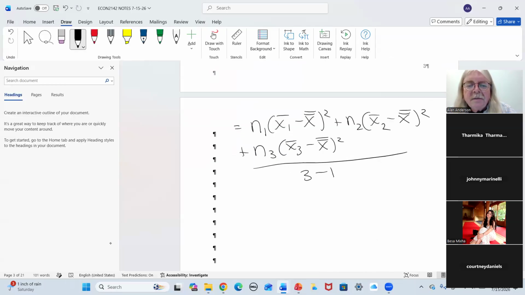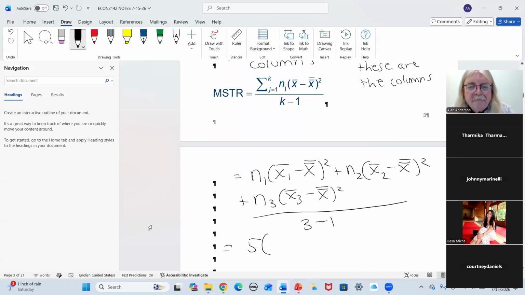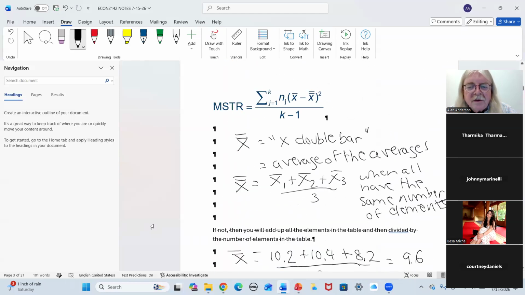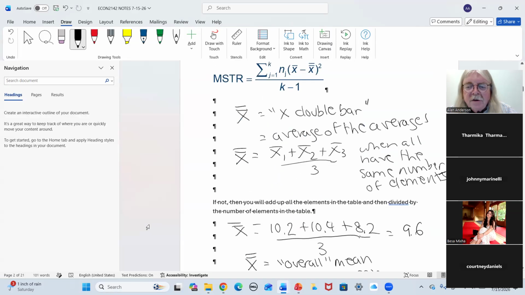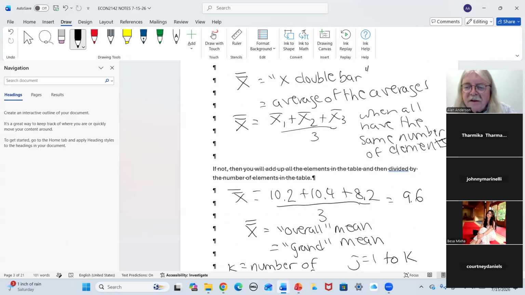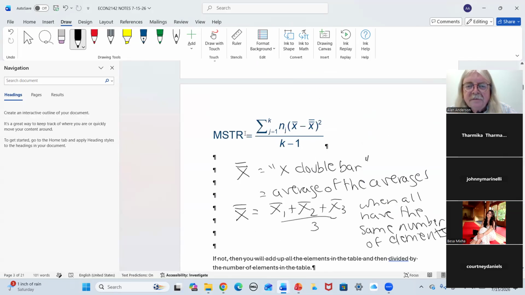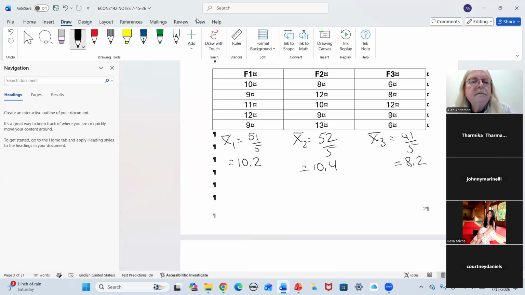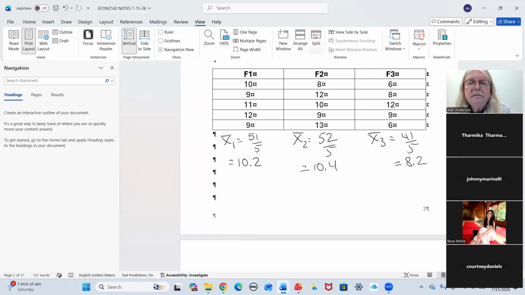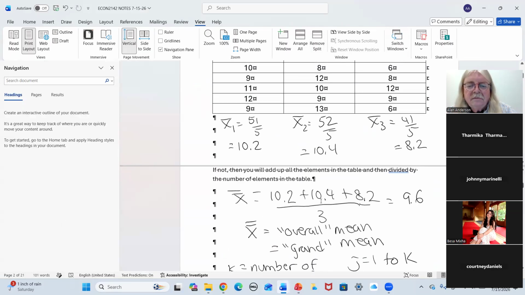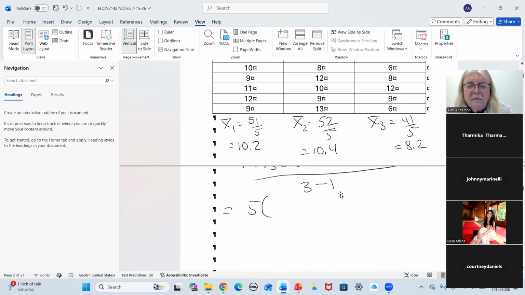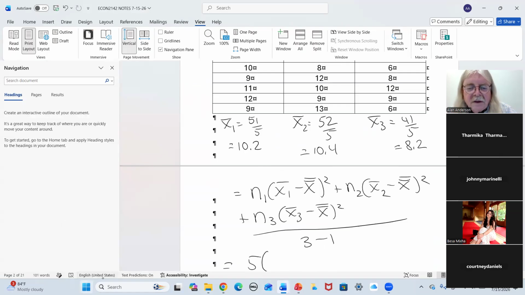So if you plug in these numbers, okay, let me split the screen so I can see what we're doing. So remember, this double X double bar is 9.6. So the first mean is 10.2.